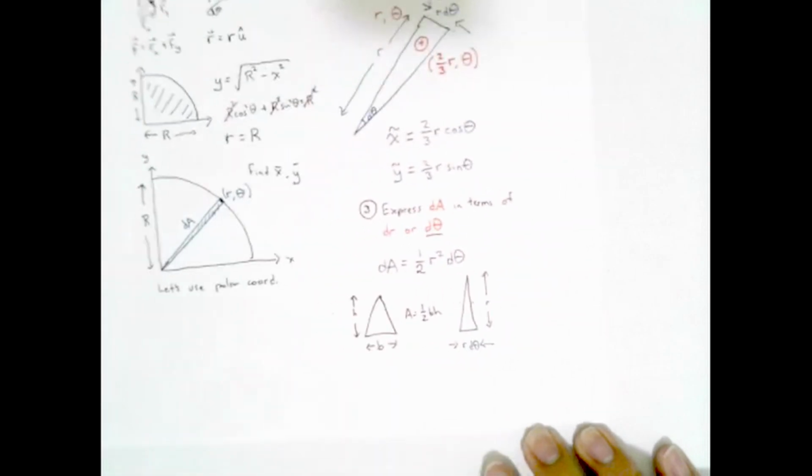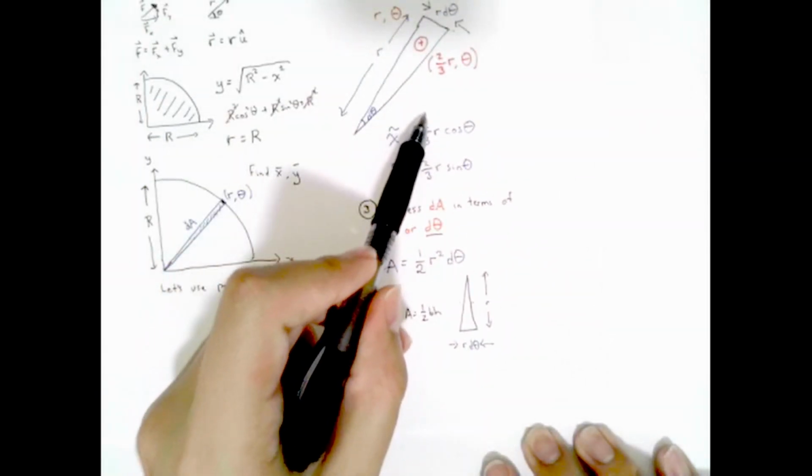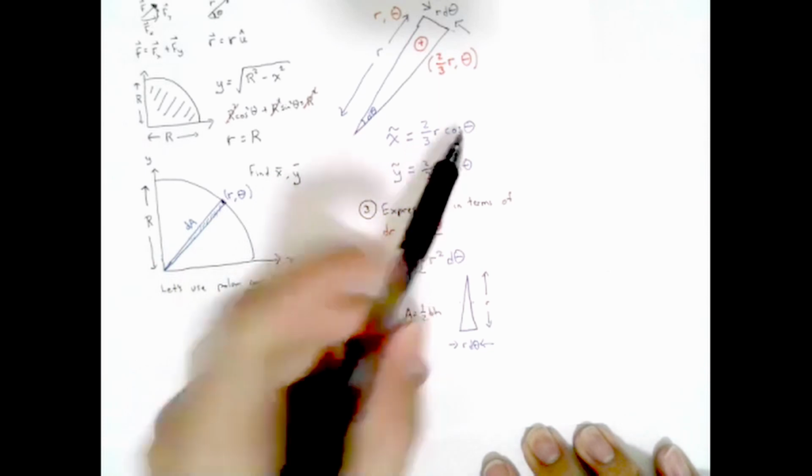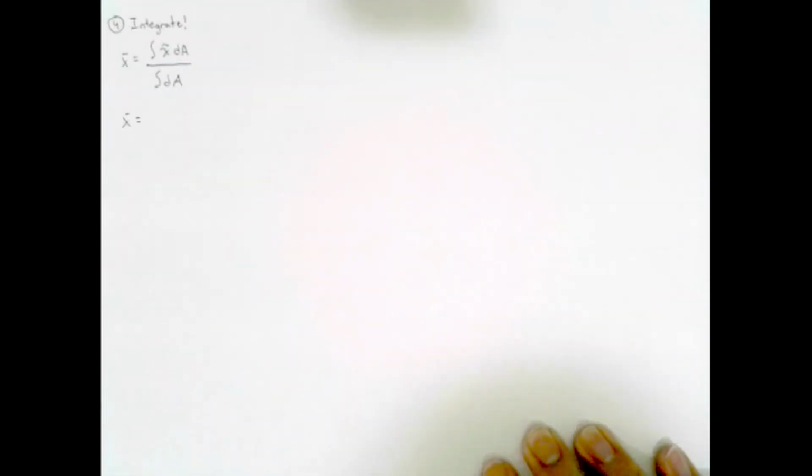We know that the x coordinate of my centroid is the integral of x squiggly dA over the integral of dA. So what do we have? We've already found from step number 2 that x squiggly equals 2/3 r cosine theta. So here we have the integral of 2/3 r cosine theta.